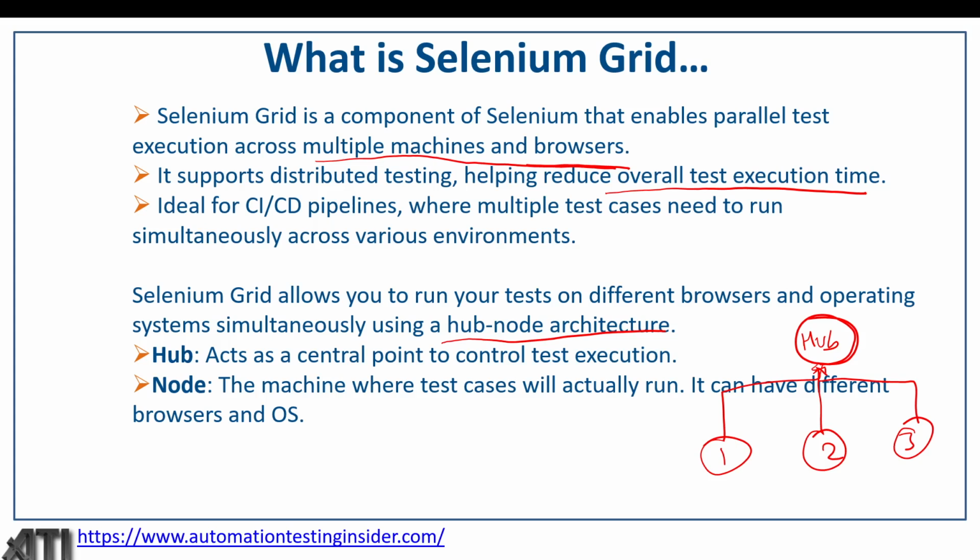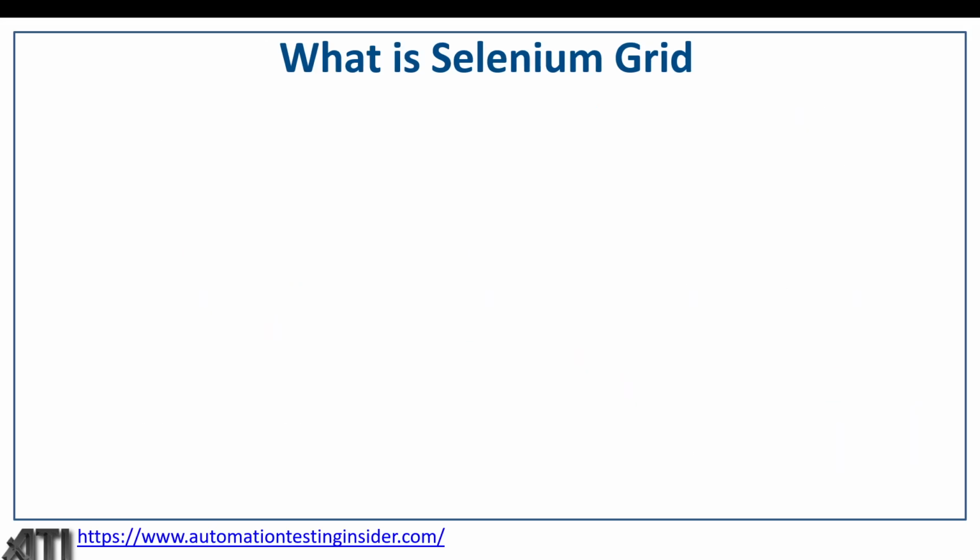It can have different browsers and operating systems. So here we can run on one operating system, here on a different operating system, and here on another, across various browsers. This is the concept of hub and node in Selenium Grid.